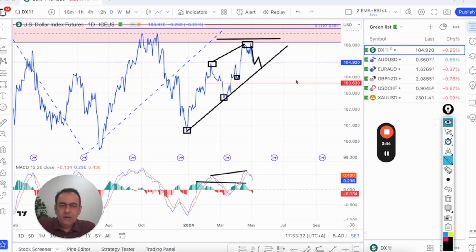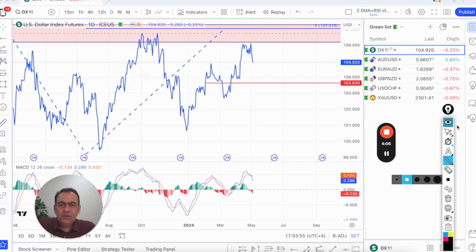Here I'm connecting a rising trend line. Until it breaks below this rising trend line, the short-term view is that dollar is going to remain under pressure. If it breaks this rising trend line, then we can confidently say that dollar is ready to dive to the lower levels. So this is the view for dollar index based on monthly, weekly and daily time frame.